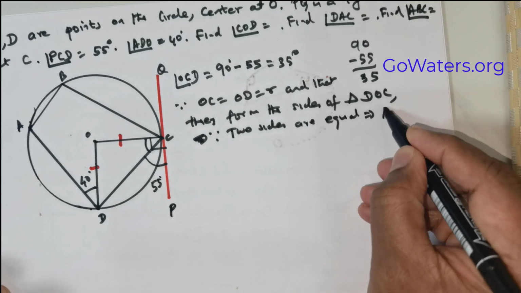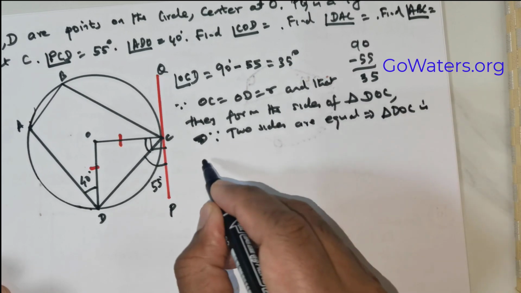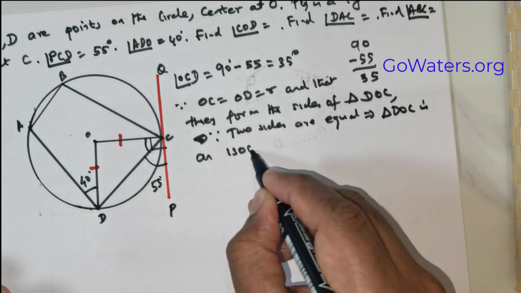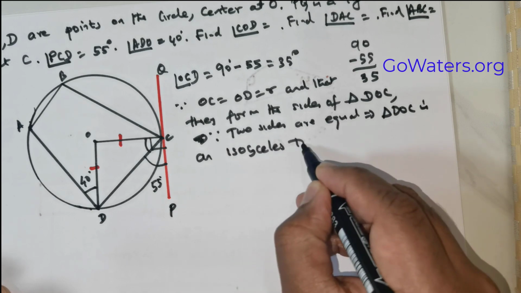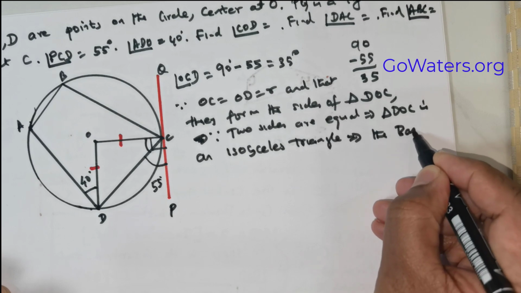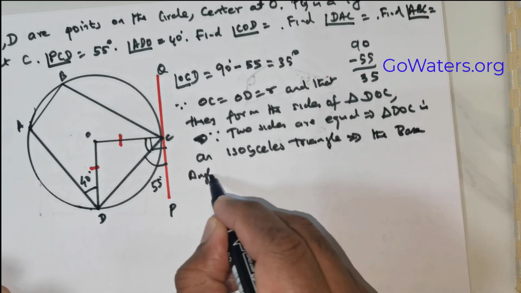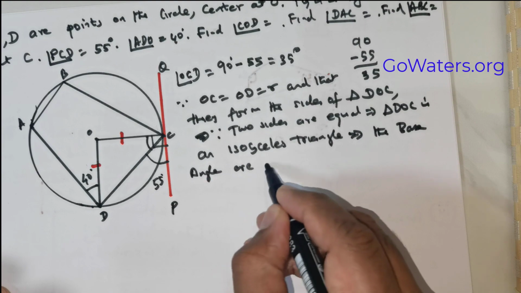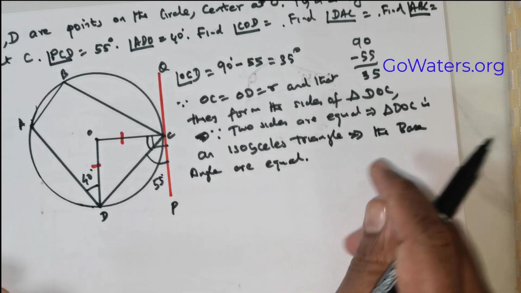This implies triangle DOC is an isosceles triangle. This would mean the base angles are equal. So this is a very important observation.